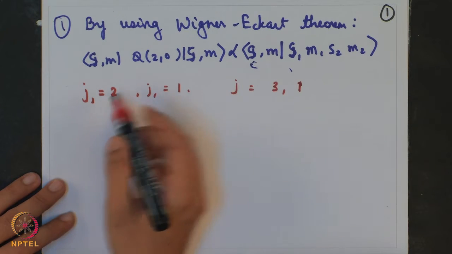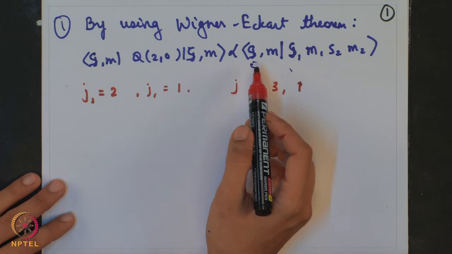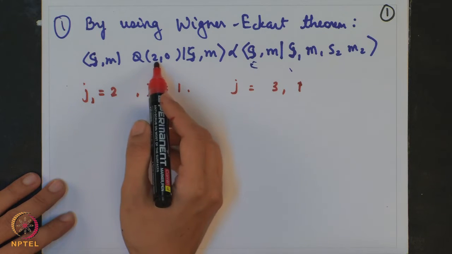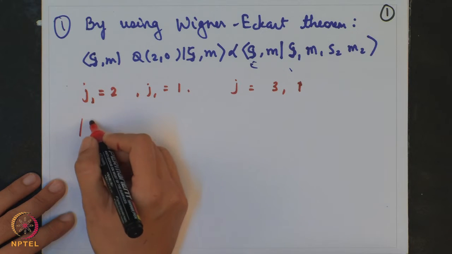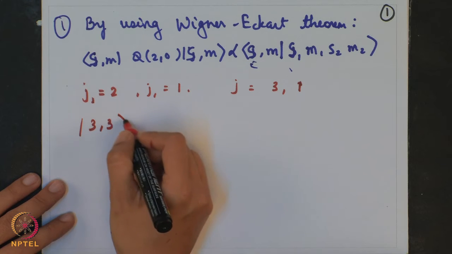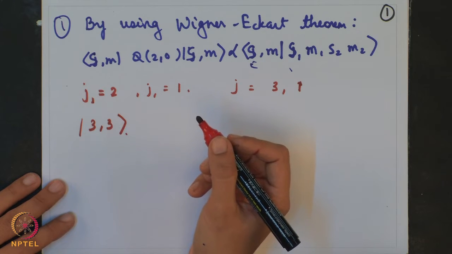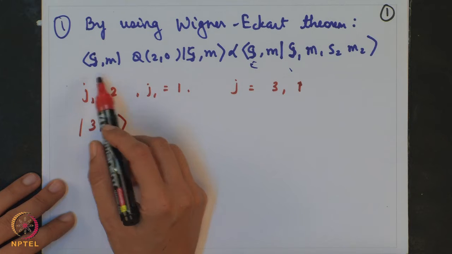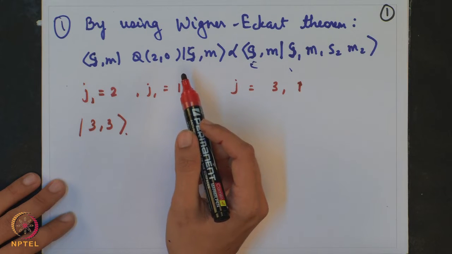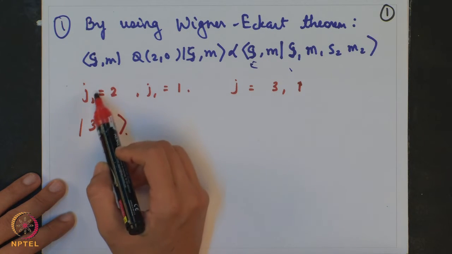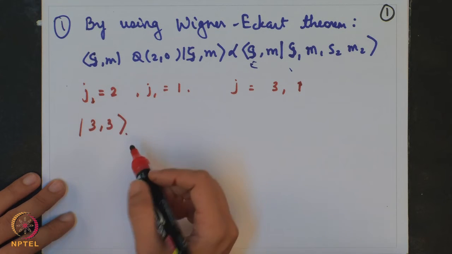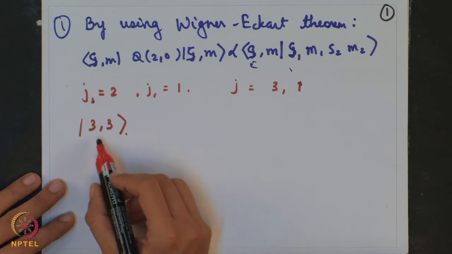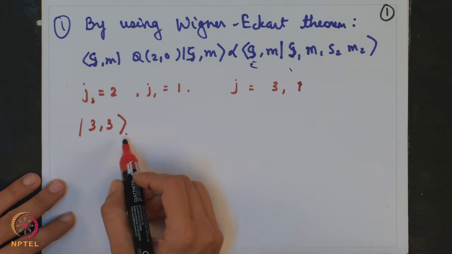Here you can start by writing, because your k is equal to 2, say state 3 comma 3. In this problem you have J1 equal to 1 and J2 equal to 2, and you can start by writing the capital J as the 3 comma 2 state.